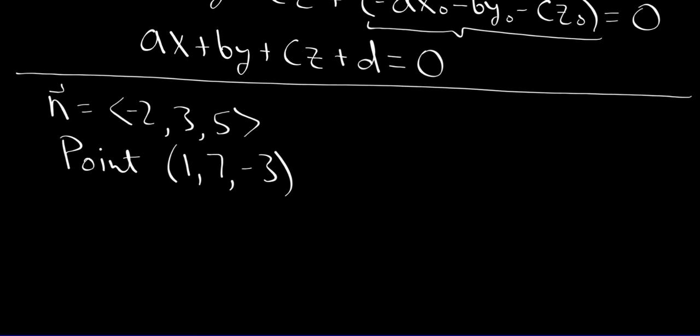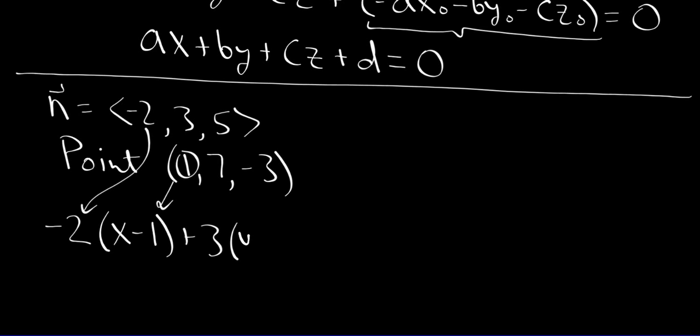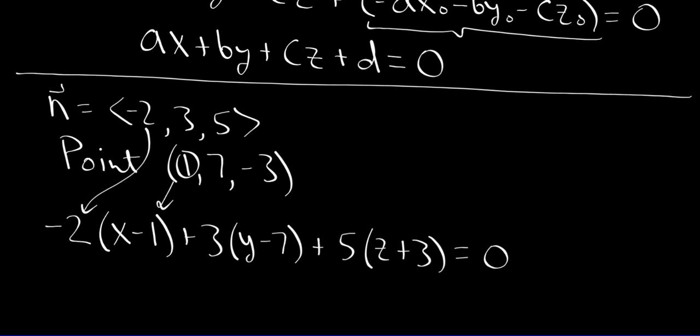So we take the x component of the normal vector, negative 2, times x minus 1. There's the 1 right there, and here's the negative 2. Now we take the 3 and do y minus 7. And then finally, the 5 times z plus 3 equals 0.